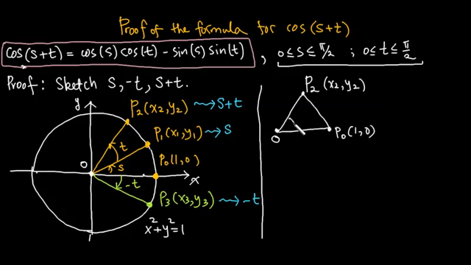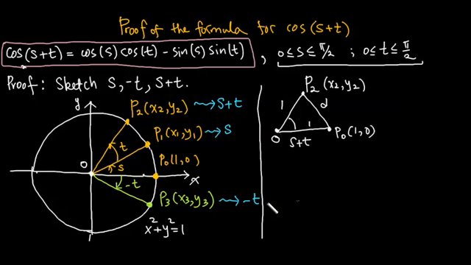Think about what this angle is. Measured as a positive angle, you go S radians and then T radians, so it must be S plus T radians. The sides OP2 and OP0 are radii of this circle. Since it's a unit circle, both must be 1. So this is a triangle, and we're going to label the third side D.